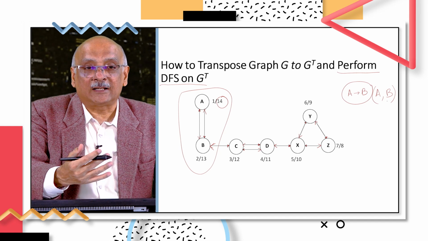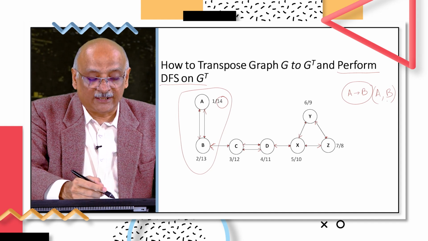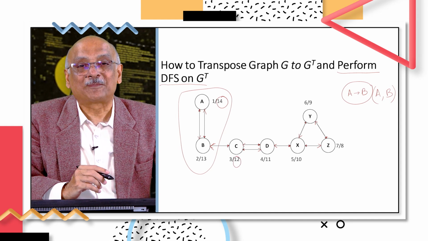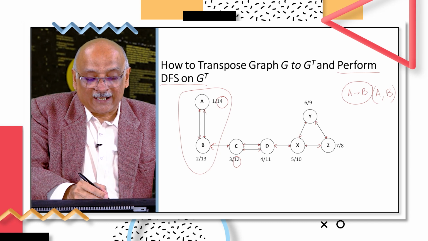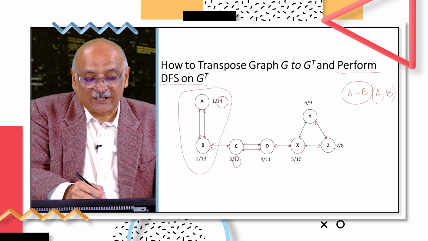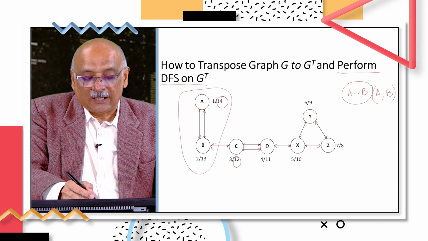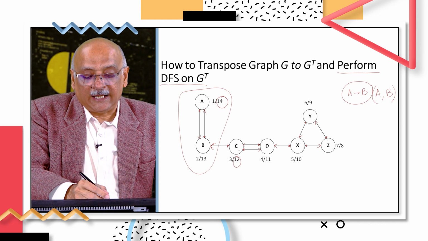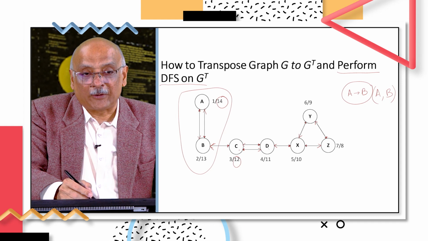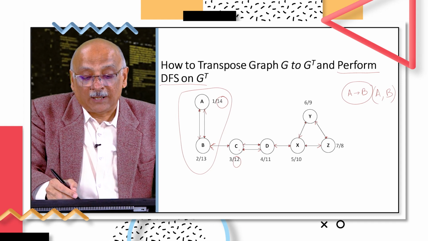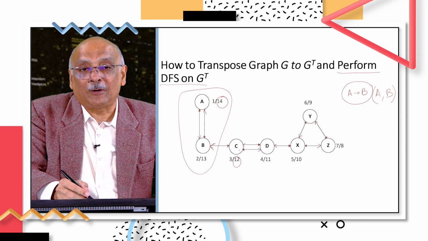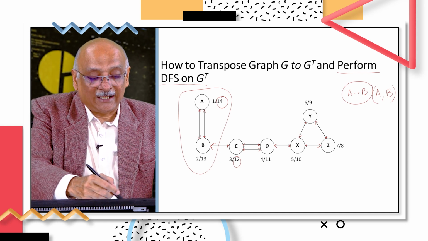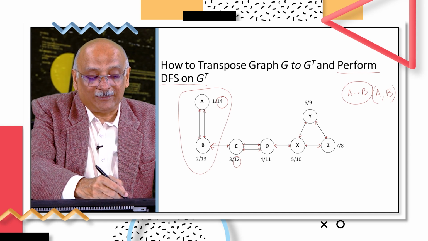Now I restart my depth first search from the highest remaining node, which is 12. When I restart from 12, I visit C first, then I visit D. There is a link to D, but on the other side I cannot go back to B because B has already been visited.